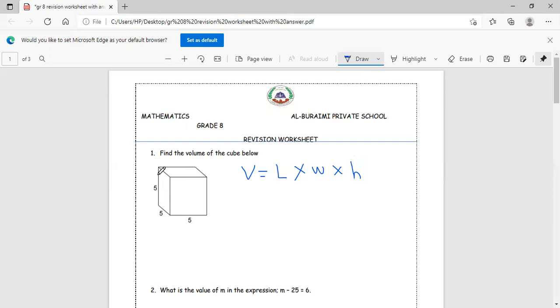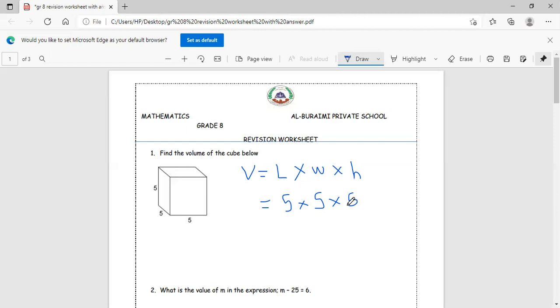So in this case, all of them are 5, right? So I have my length to be 5, my width to be 5, and my height to be 5. So what is 5 multiply 5 multiply 5?